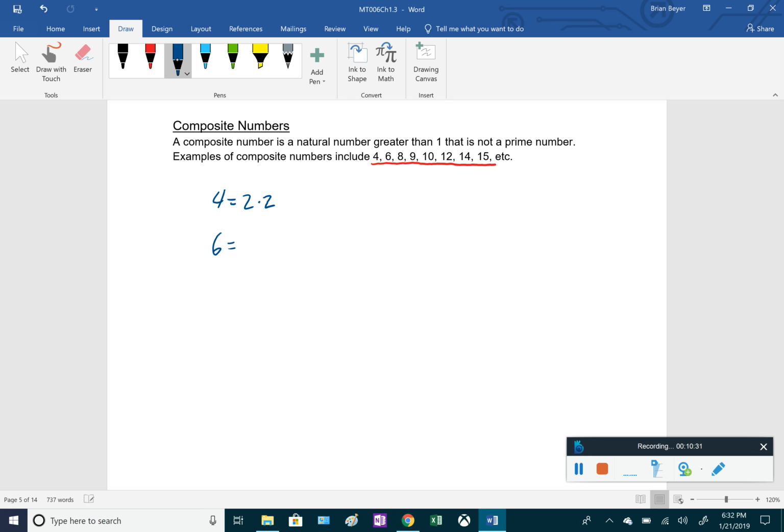We can rewrite 6 as 3 times 2. We can rewrite 8 as 4 times 2. We could rewrite 15 as 5 times 3. These are all composite numbers because they are not prime numbers. When we factor them, we can rewrite them as something other than 1 and itself.